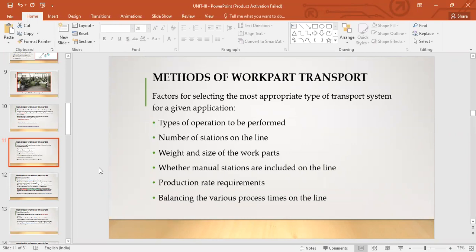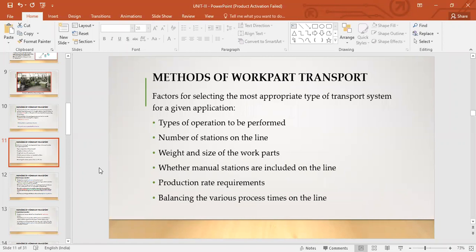And production rate requirements depend on the rate of production you're looking for. And balancing the various process times on the line also, this is one important concept in this category, that you have, what is called, line balancing. So we'll try to adjust the different times on the machine.